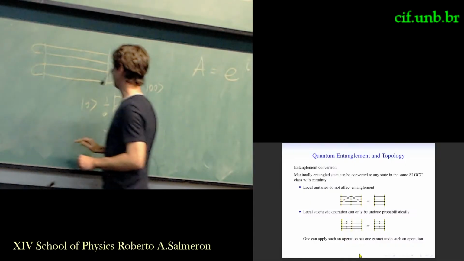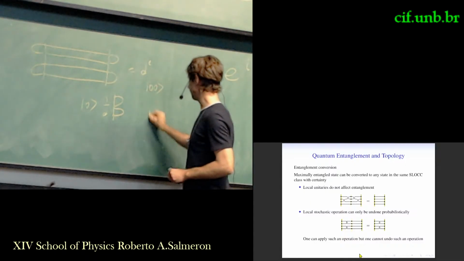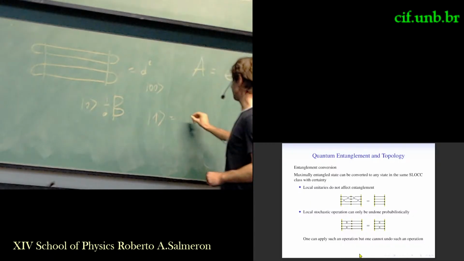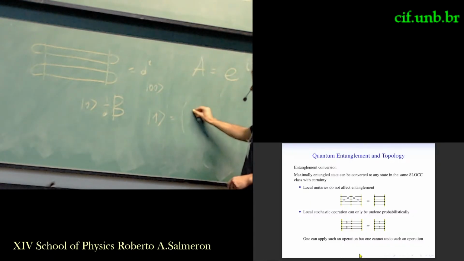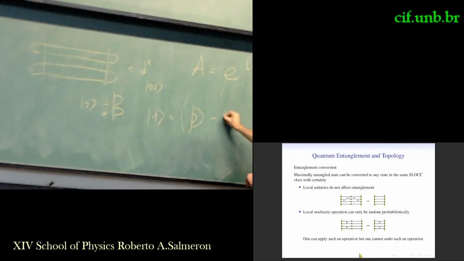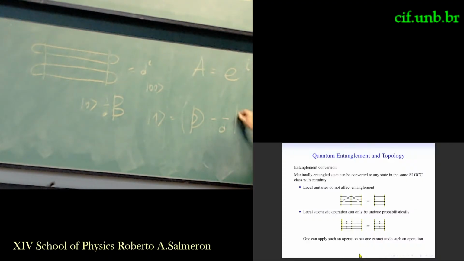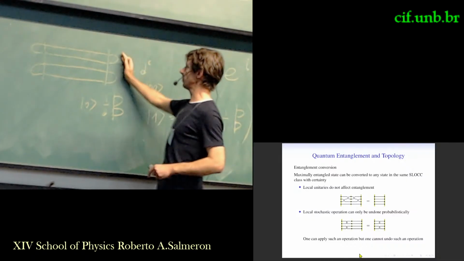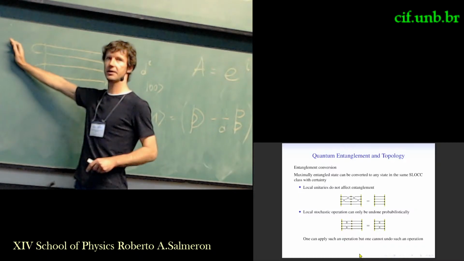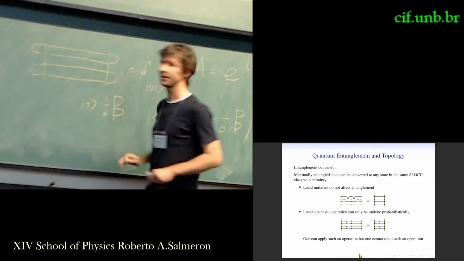Well, 1 is a bit tricky because 1 is a linear combination. You have to glue a linear combination of the diagrams. One is like this, the other one is the same as before, and you have to divide by some normalization factor. Actually, you will see in this case that if you put 0 on one side and you glue 1 on the other side, you'll get 0.